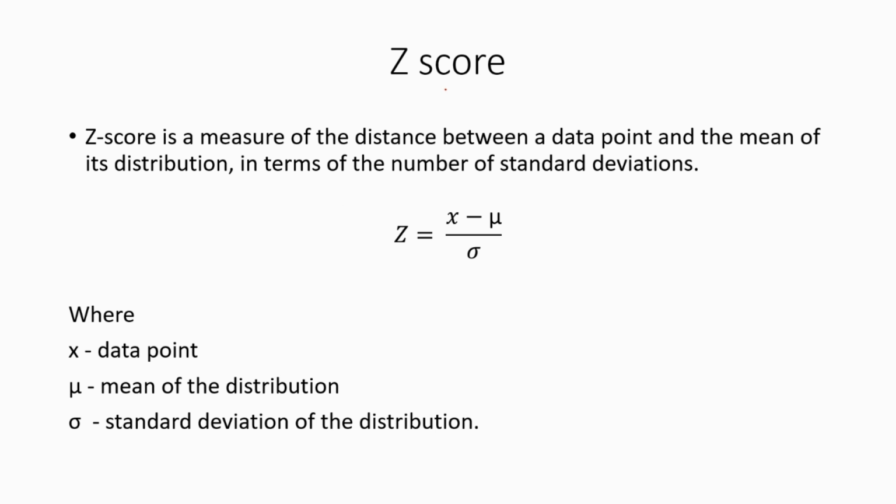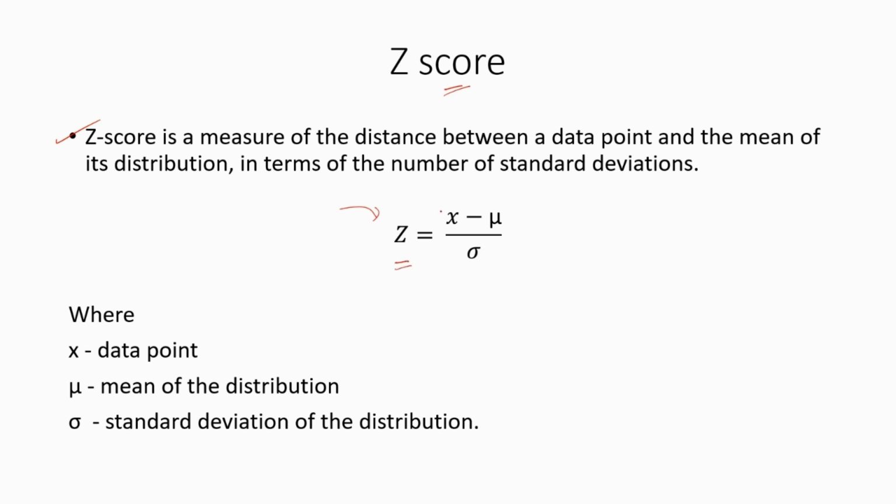Now let's discuss the z-score. You may have heard of this before. Z-score is a measure of the distance between a data point and the mean of its distribution in terms of the number of standard deviations, which means we are going to calculate the number of standard deviations between a data point and the mean. This is the formula to calculate the z-score.